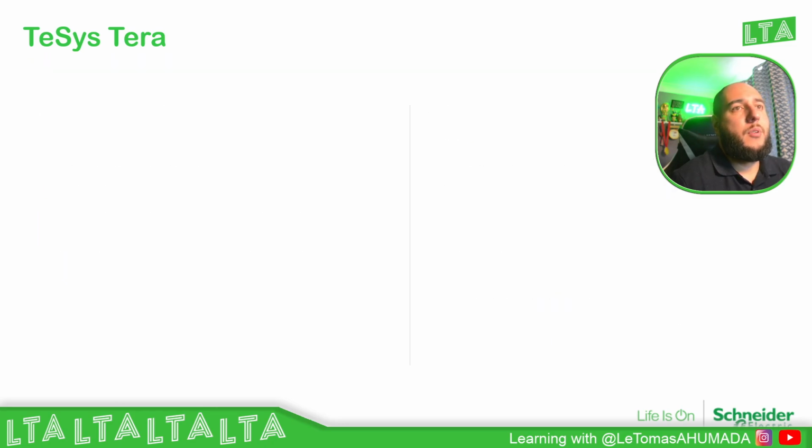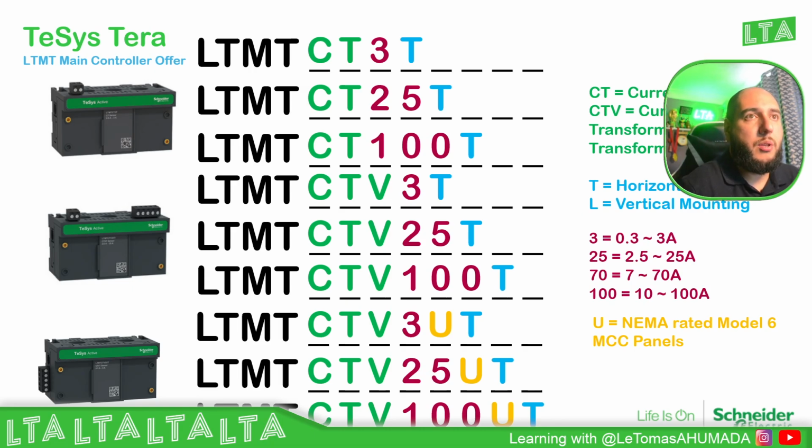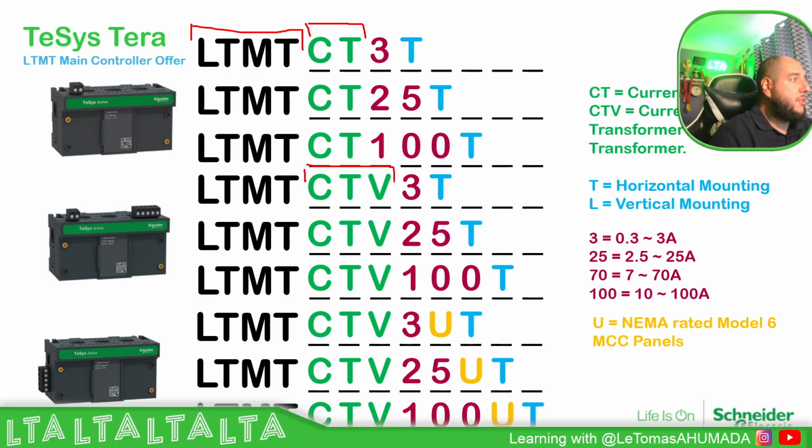So this is a little bit about the reference, how it starts. It's just a quick one for you to see. Basically we have horizontal and vertical. Okay, so this is the horizontal mounting. Everything starts with the LTMT. The next letters are CT for current transformer, and if you have the CTB, it will be current transformer and voltage transformer.